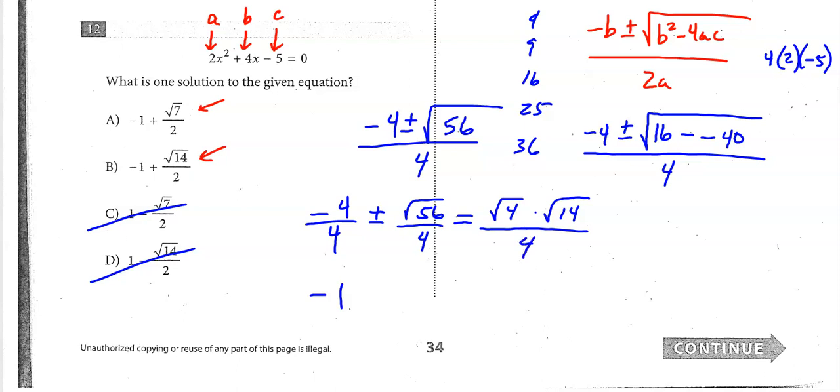But the square root of 4 is just 2. So I can replace this with just a 2, and that reduces down because 2 over 4 is 1/2. So that's where they get the radical 14 over 2. So the correct answer here is going to be B. That one's just kind of brute force, and it takes a little bit of time.